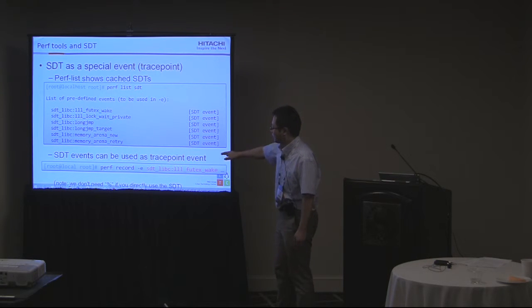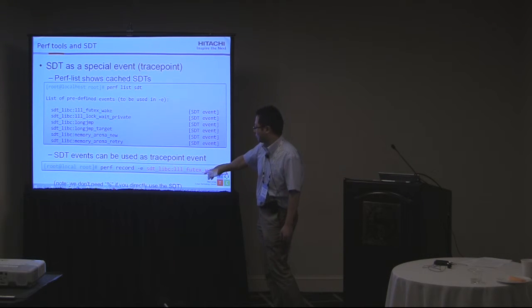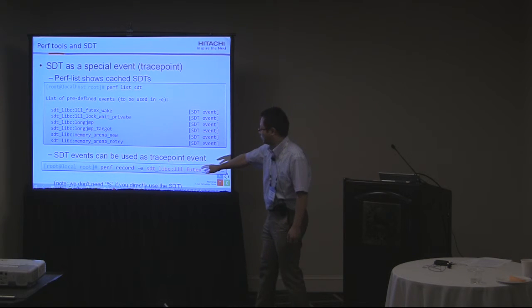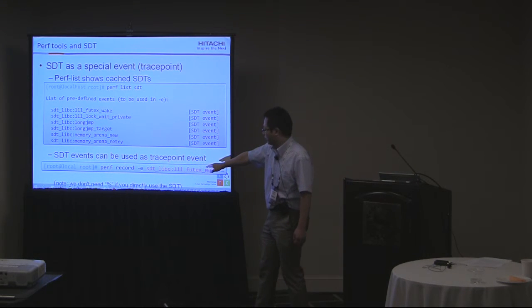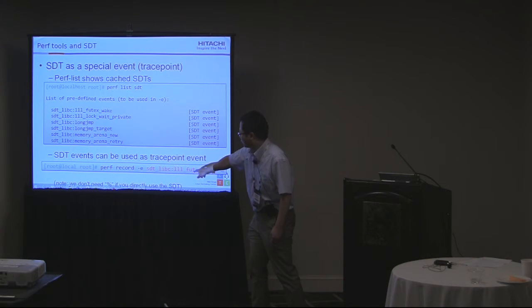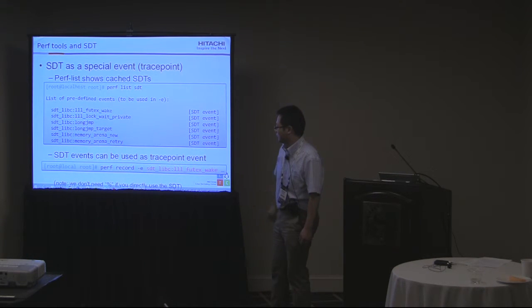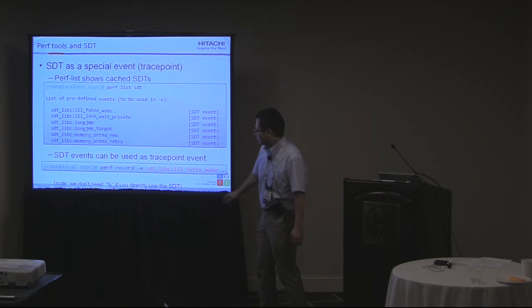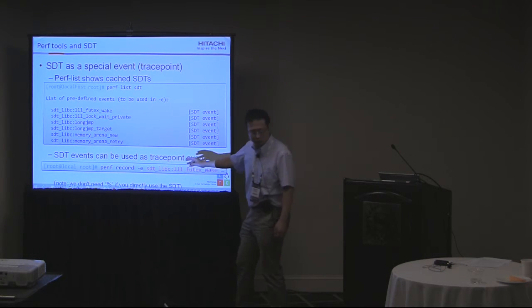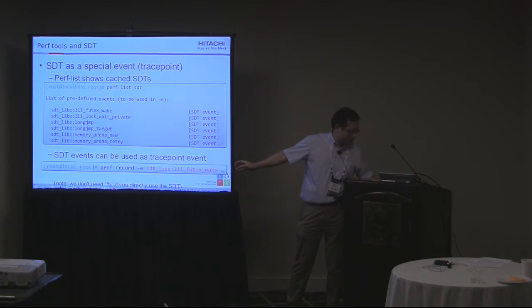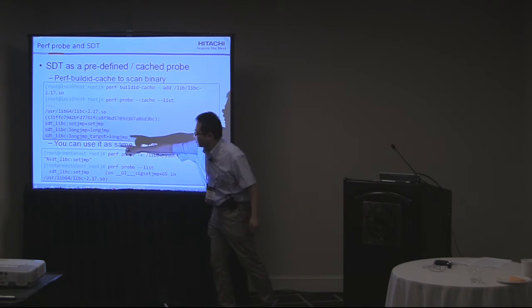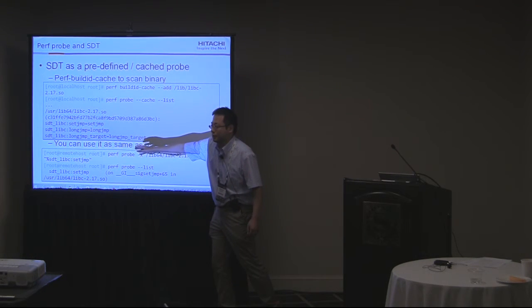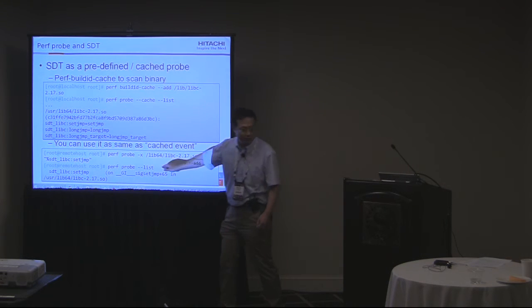Also, these events can be used as a trace point event, so that you can use Perf record with -e and directly use the event. So note that in Perf-probe, you need a percent prefix when you use the cache.